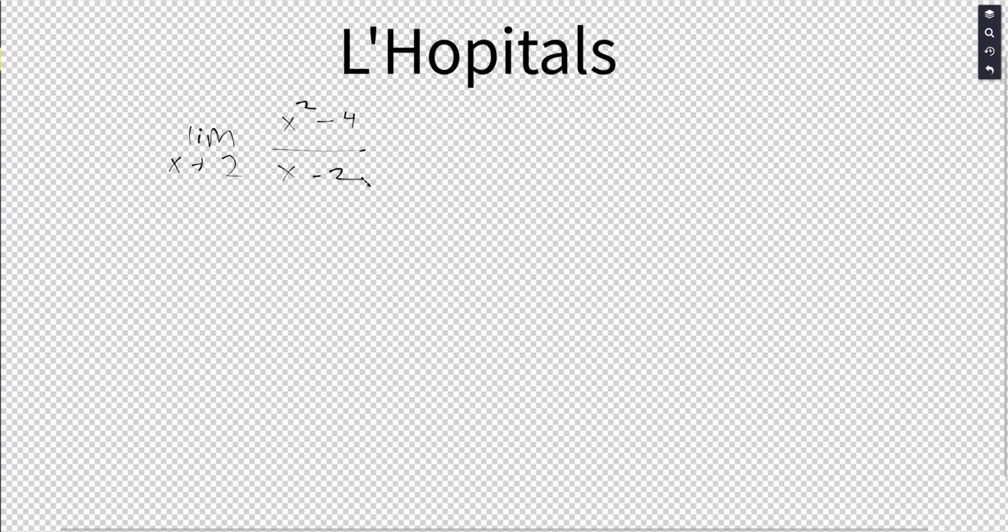I think I did a similar problem in my limits video, but I solved it a different way. This video is about L'Hopital, so I'm going to solve using L'Hopital. Remember, let's first plug in. Plug in wherever we have x approaching 2 for x in the function. So 2 squared minus 4 over 2 minus 2.